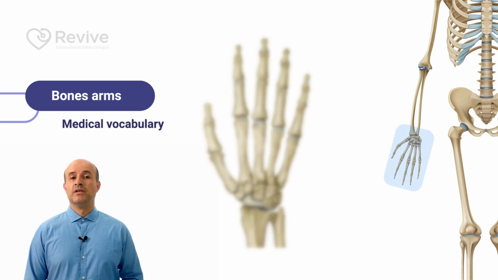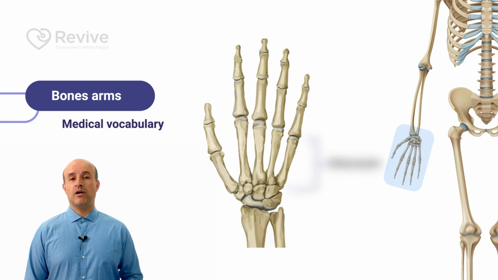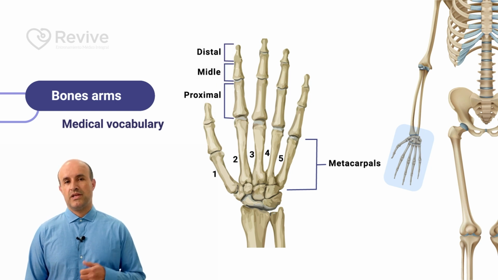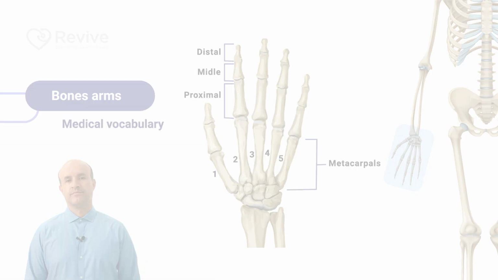In the palm, we find the metacarpal bones identified per finger from 1 to 5. And finally, we will have our 5 fingers or phalanges, divided into 3 sections: proximal, middle, and distal. This was our section on the parts of the arm.